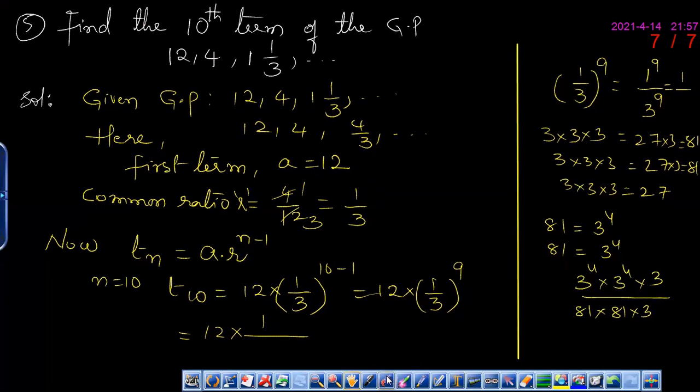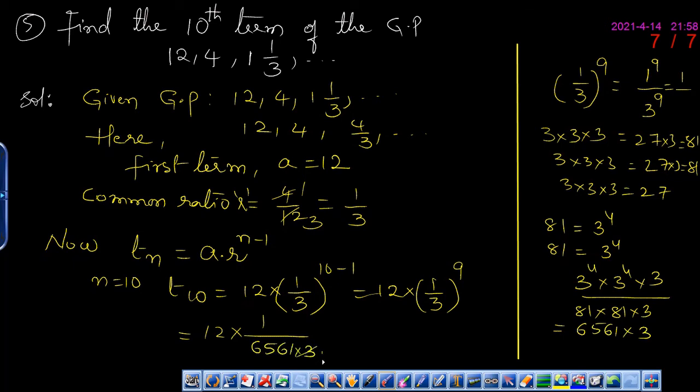Now multiply: 81 into 81 is 6,561, into 3. We will write it like this only: 6,561 into 3.